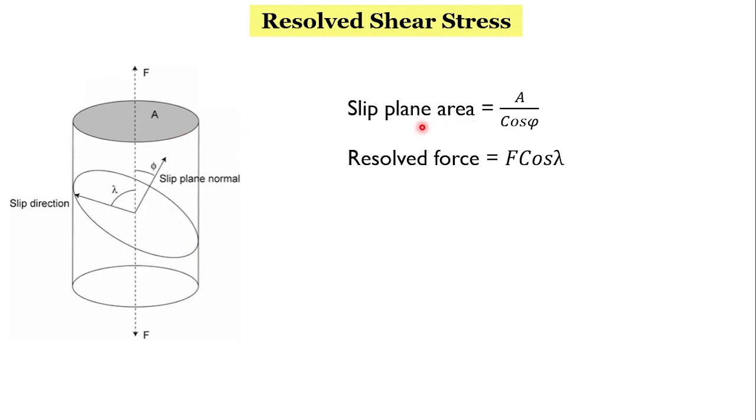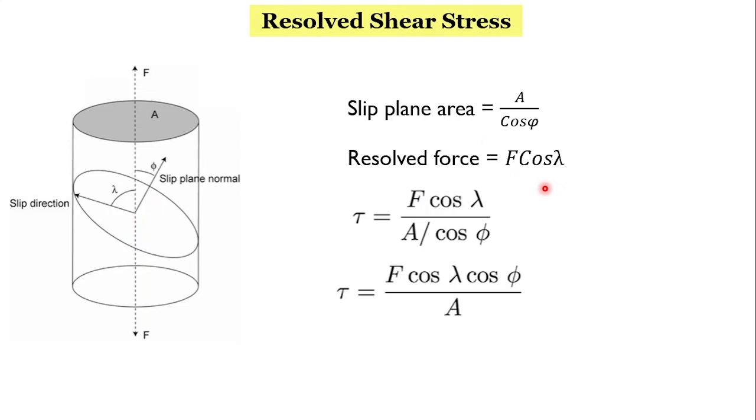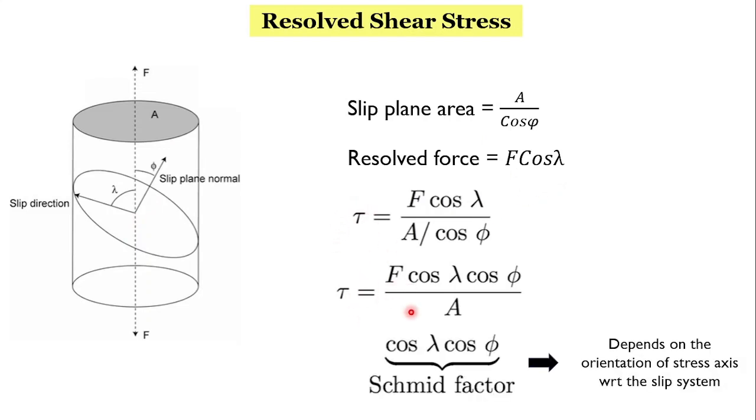So we calculate the slip plane area, that is A by cos phi. Similarly, the resolved force on this slip plane will be F cos lambda. So if we calculate the resolved stress, it gets F by A times cos lambda cos phi, where cos lambda cos phi is the Schmid factor, which depends on the orientation of the stress axis with respect to the slip system.